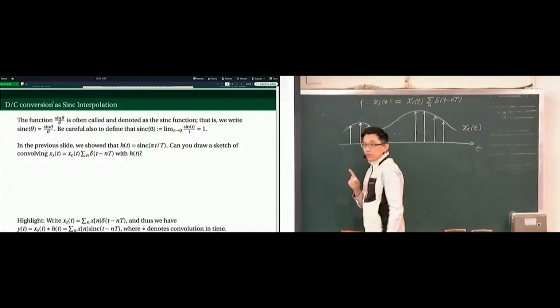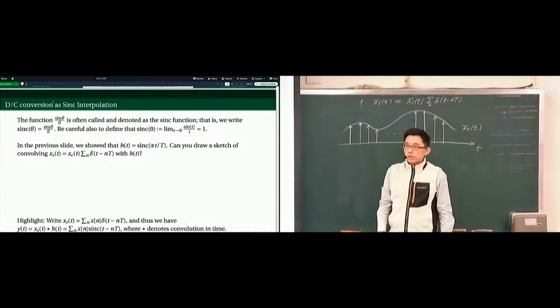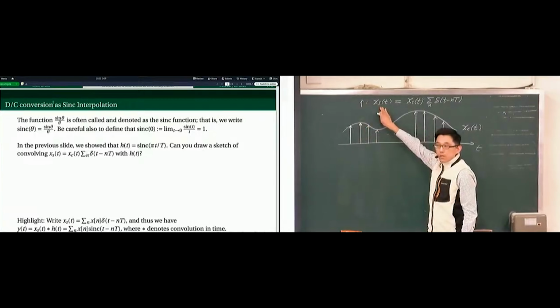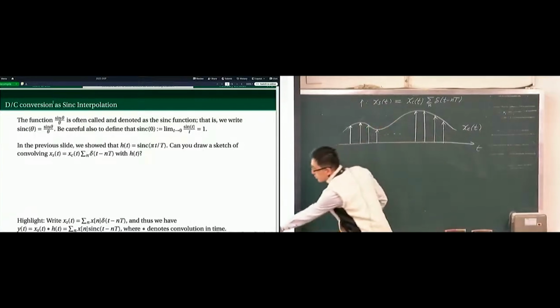But there's another way to express x sub s. Here's my suggestion.